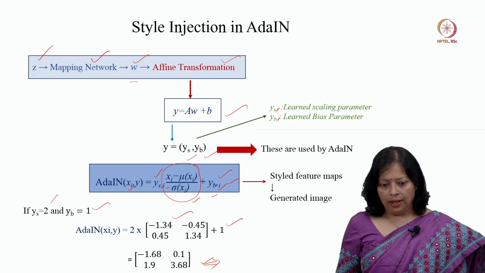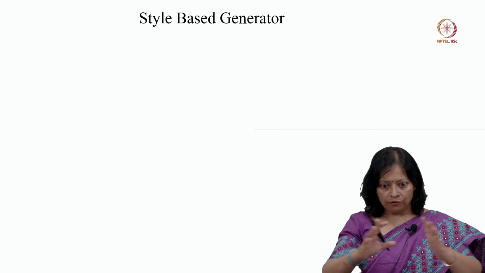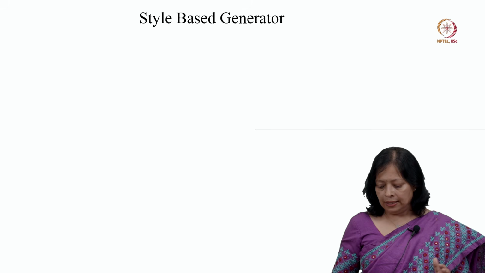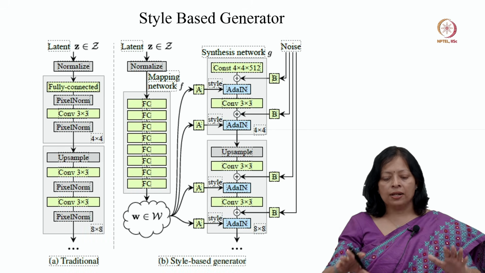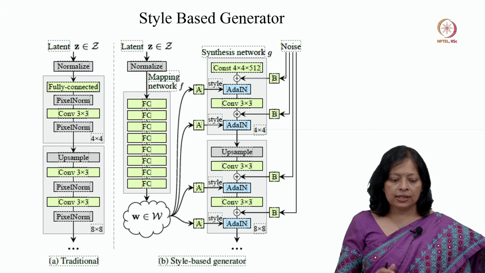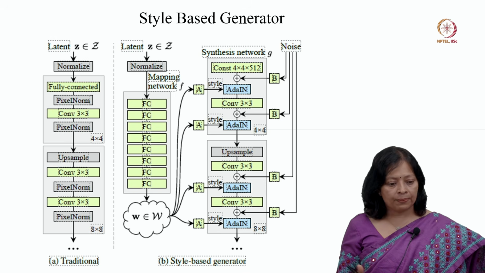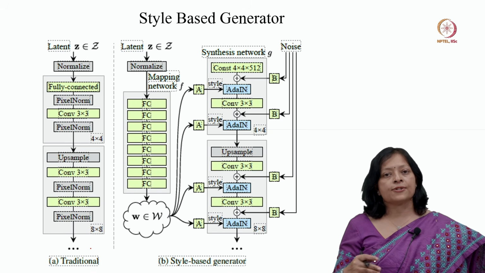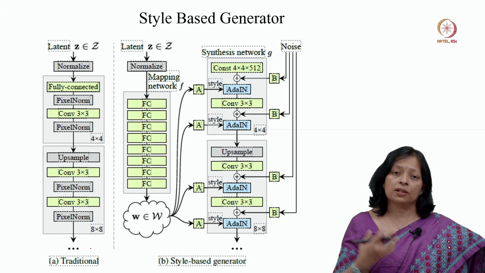Okay. Now, we will take a look at the overall picture, how the style based generator looks. This image I have taken from the original paper, and I urge all the participants to go back to the paper, where you will get a lot more details.